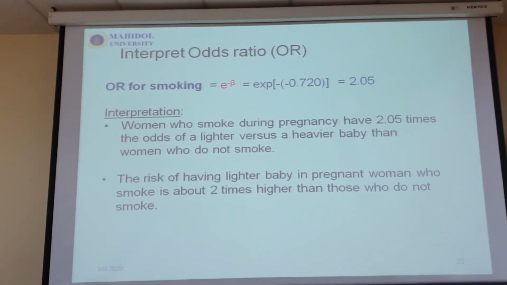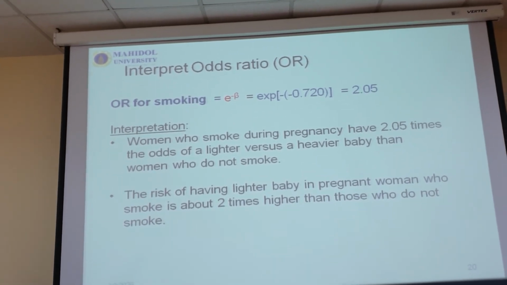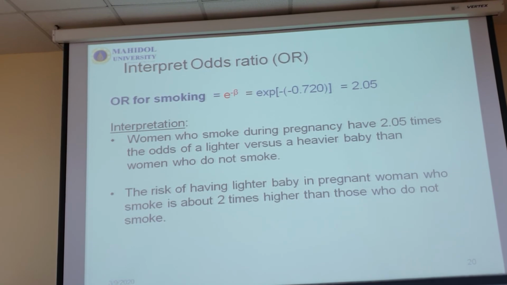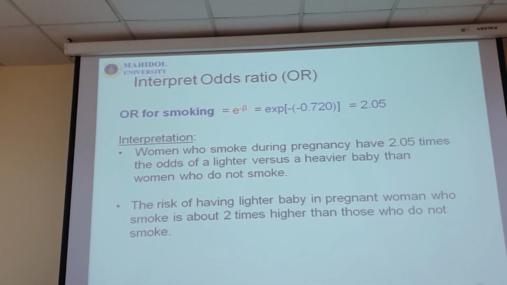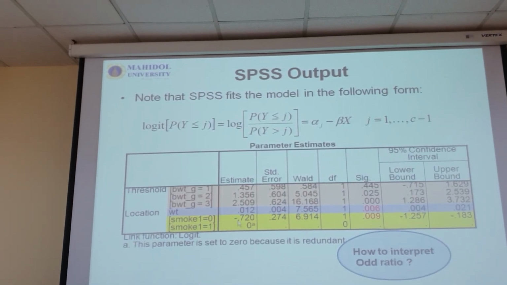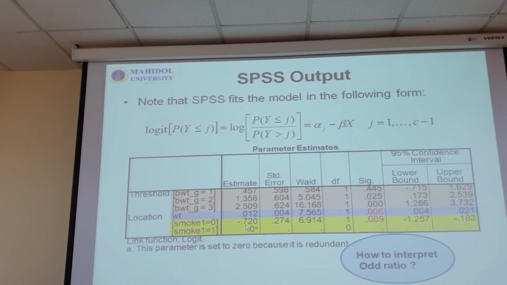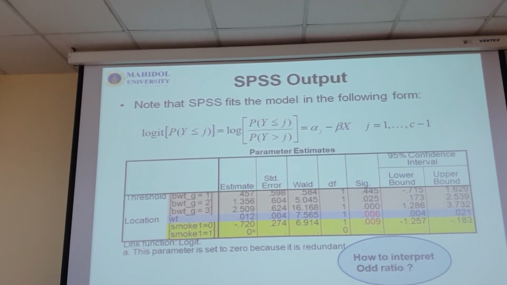Okay, so let's calculate the odds ratio based on our outcome. Odds ratio for smoking. What is the coefficient of smoking if you look at the output? Minus 0.72. We have to take all of it, even the plus sign or negative sign.